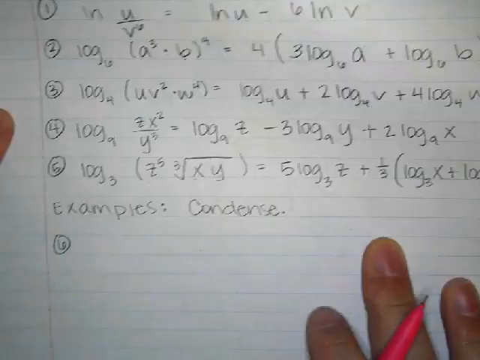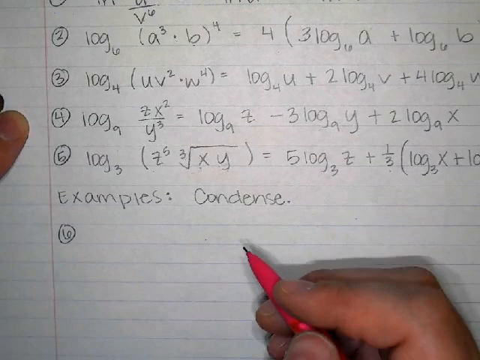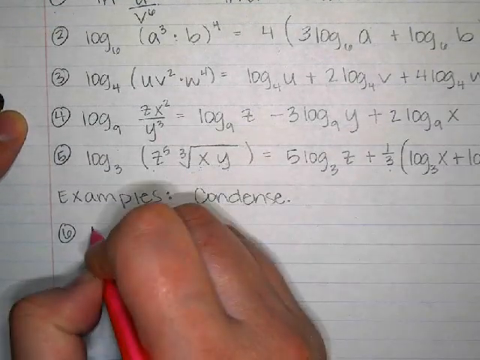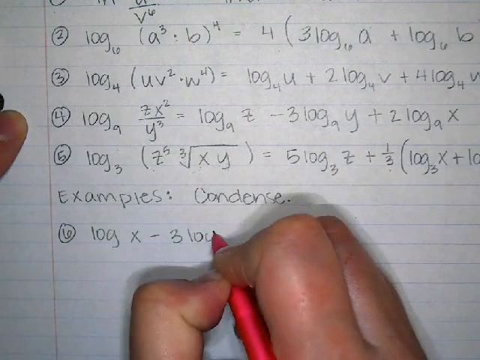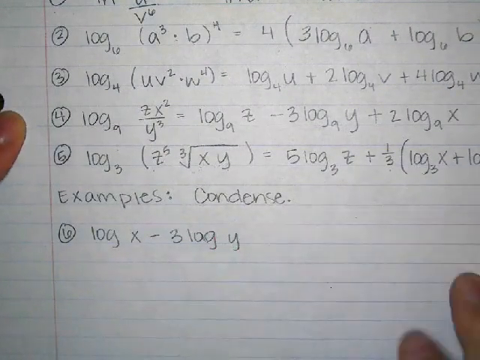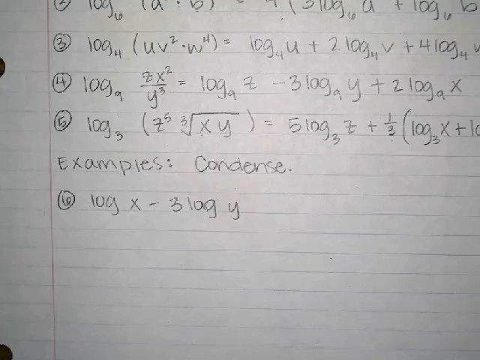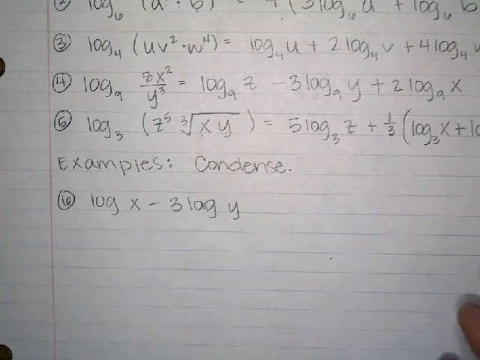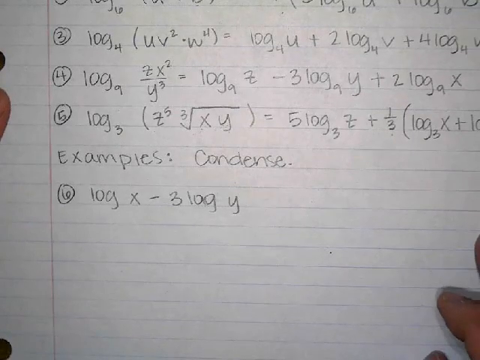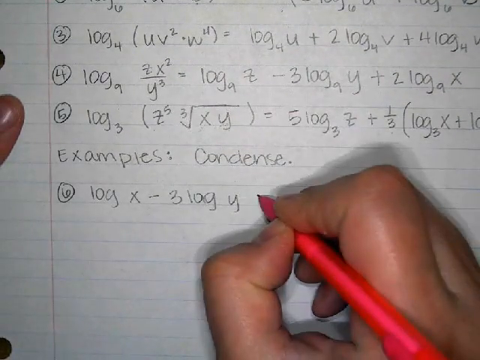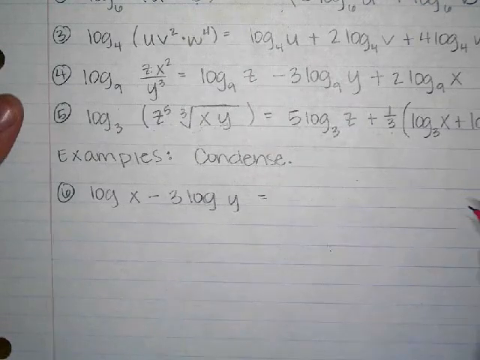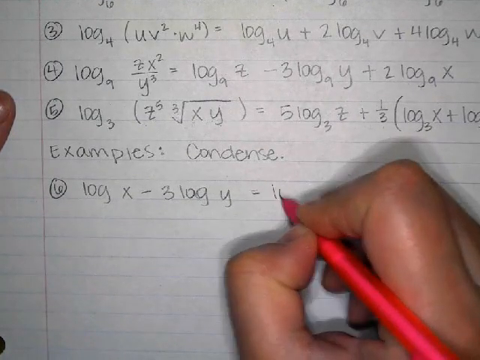Okay, we're going to do log x minus 3 log y. How many times do I get to write the word log? 1 time. Okay, it's got a minus sign, so what should my problem have?